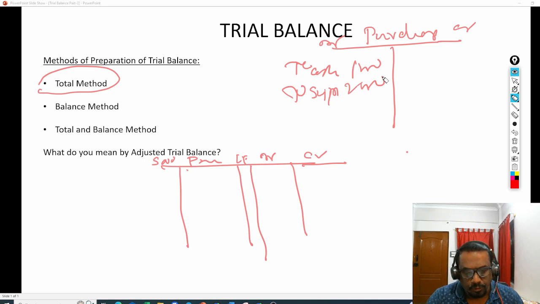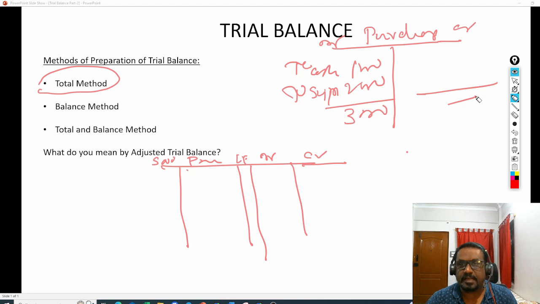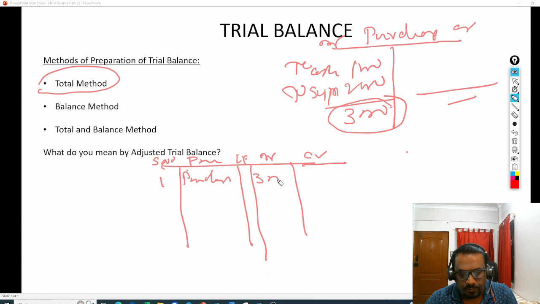Now when we total both debit and credit, we have 3000 total here, and we don't have any total there. How do we record this in trial balance in total method? Debit total is 3000. So serial number 1, purchases, debit total 3000, credit total 0.